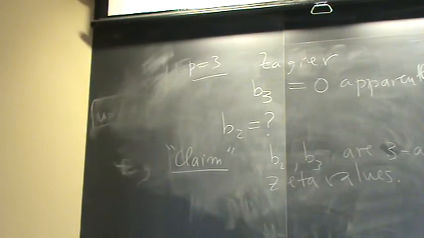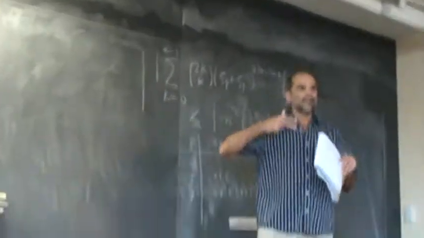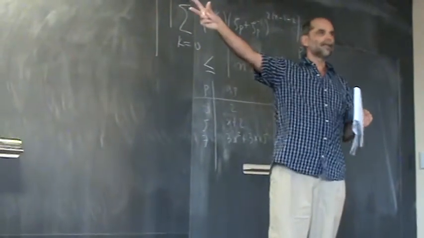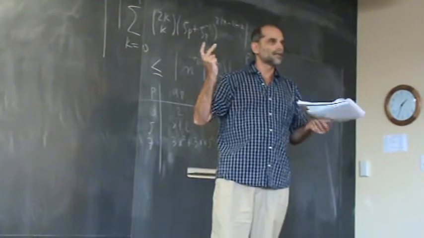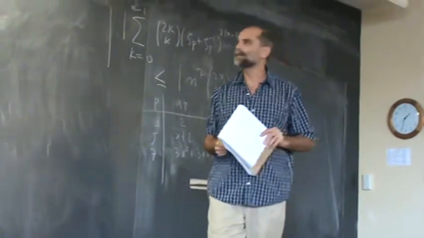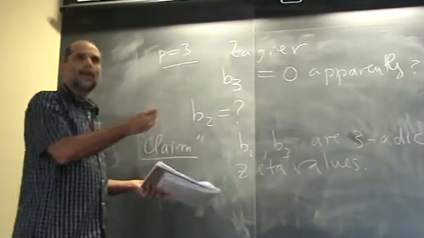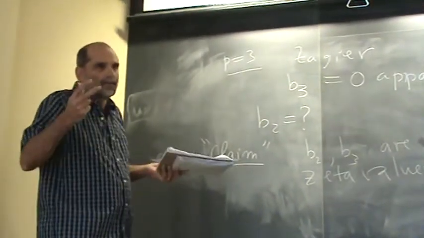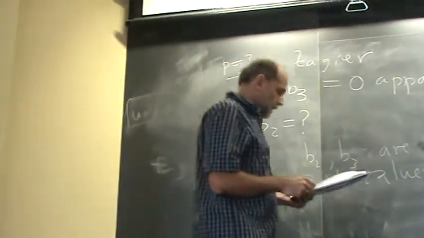And if you're familiar with p-adic zeta functions, because of the functional equation, if you happen to hit the wrong parity, the things you're trying to interpolate are 0, and so you just get the 0 function. And that's what happens in the case of B3. And in the case of B2, it's just a p-adic zeta function, which is not 0.